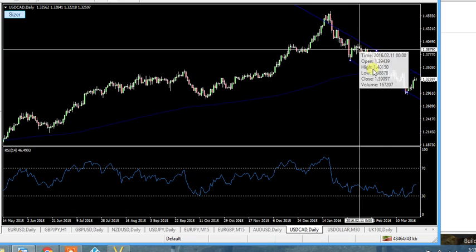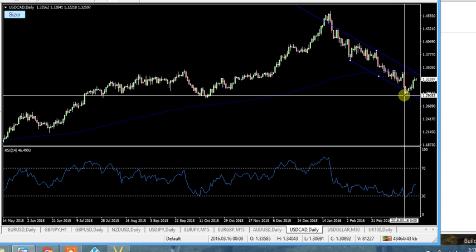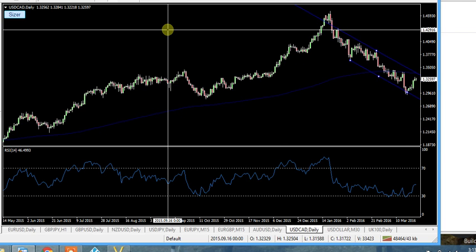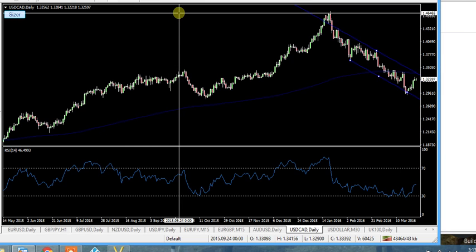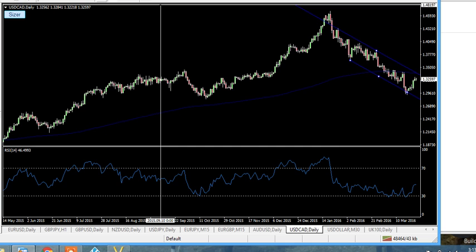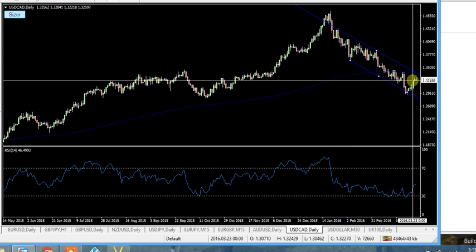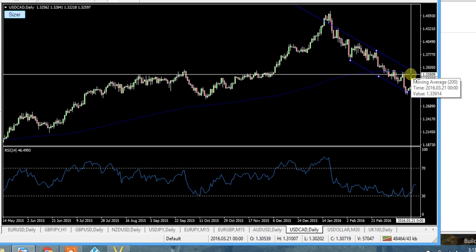But the US dollar CAD this week has been a very bullish week for the US CAD, probably due to the rise in oil prices, which will of course make the Canadian dollar drop because it's very commodity reliant. We still don't think there's enough movement there to justify entering long.